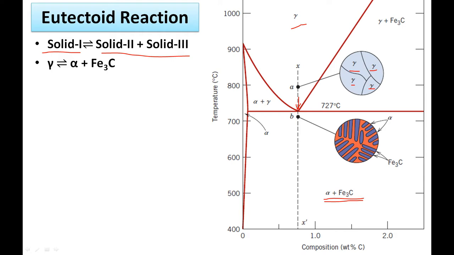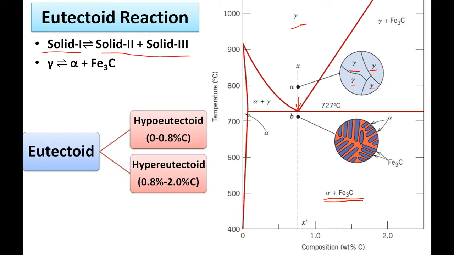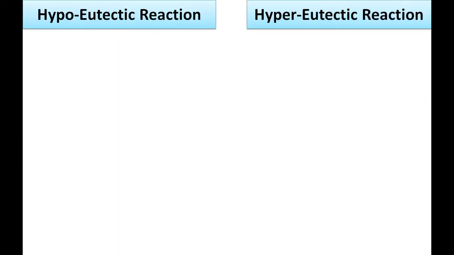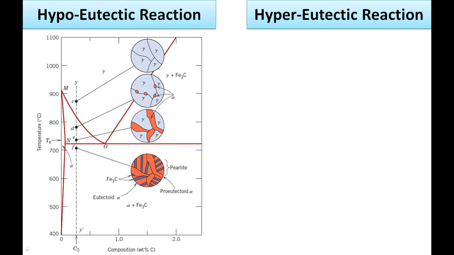Okay, the eutectoid reaction can be classified in 2 different ways, hypoeutectoid and hypereutectoid. This side is hypoeutectoid and this side is hypereutectoid. Okay, so for this side we are taking a few microstructures. You can see there is gamma. At first the microstructure shows the gamma phase, and then alpha gradually forms and increases.